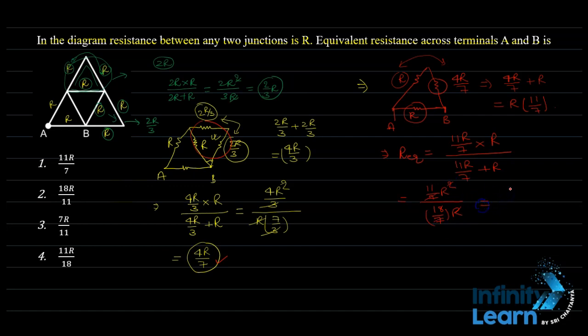So the equivalent resistance will be 11R by 18. This is the equivalent resistance of the given circuit. So which option is correct? 11R by 18. Fourth option is the correct answer to this question. Hope you found the solution understandable. Thank you.